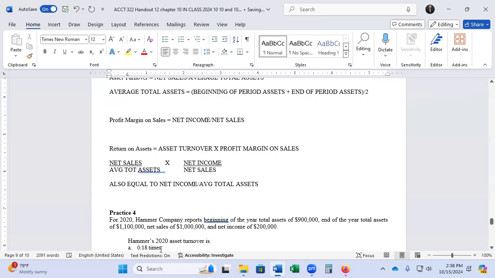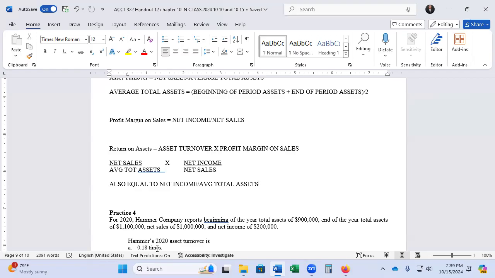So what do these tell you? The first one gives you asset turnover, and it's basically how well you're using your assets to produce sales. Profit margin on sales is similar to gross profit, but what we're doing is taking all of our expenses down to the bottom line and taking net income.